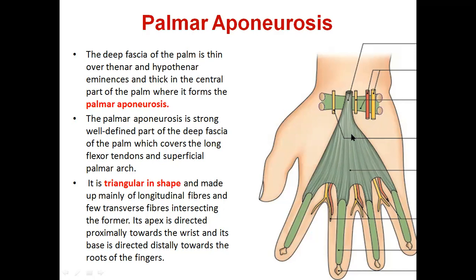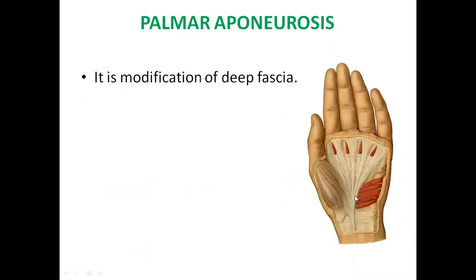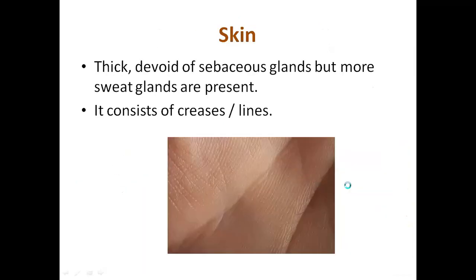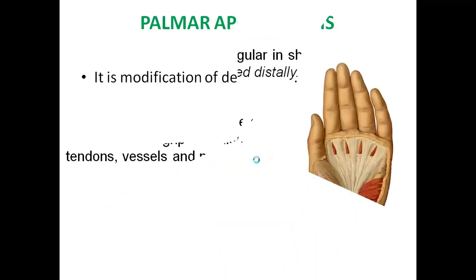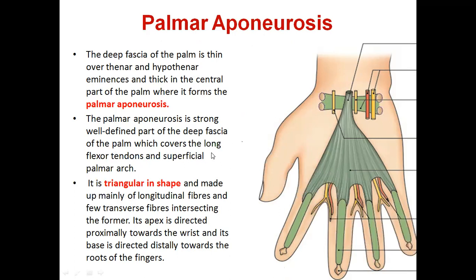That means if you reflect this, if you cut this, below it you will come across the flexor tendons. In the first picture, see here, you are finding this whitish sheet which is cut. That is nothing but the palmar aponeurosis. When you cut it, underlying it you will find the long flexor tendons and also the various muscles of the palm.